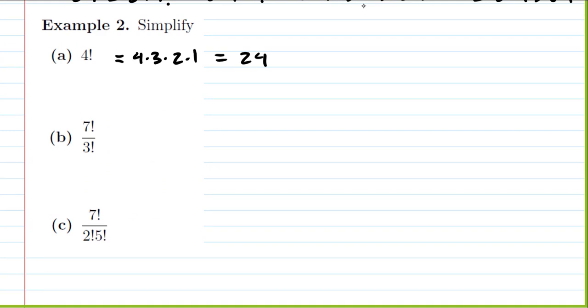Let's take a look at our next one. Here we're going to use a partial expansion. We want to simplify 7 factorial over 3 factorial. If we write them out the long way, 7 factorial is 7 times 6 times 5 times 4 times 3 times 2 times 1.